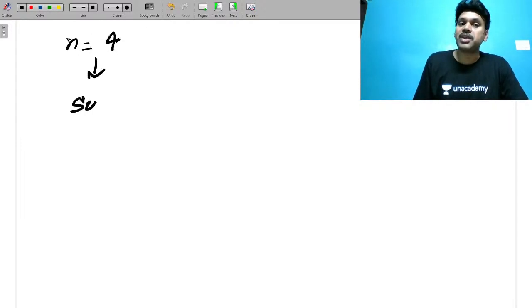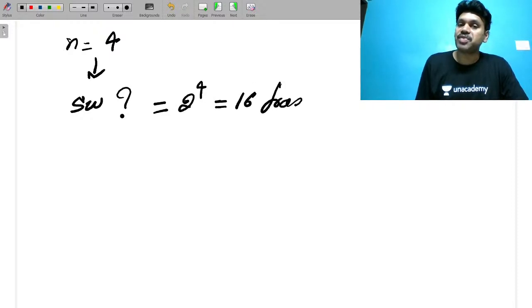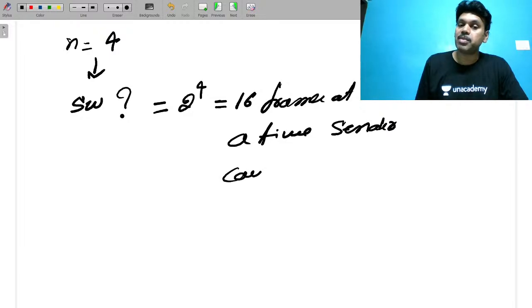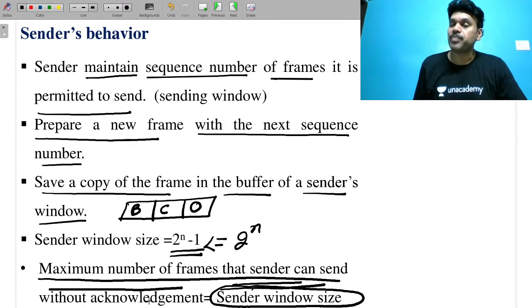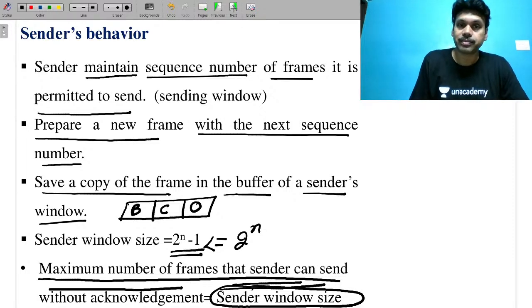So what is the sender window size? It is 2 power 4, which is 16 frames at a time that the sender can send. This is how you can judge the window size of your sender according to the last point.